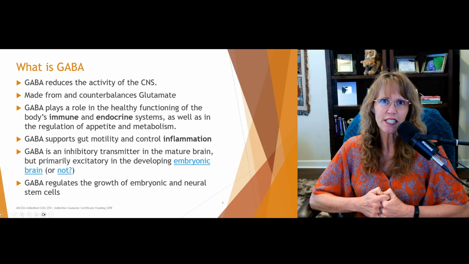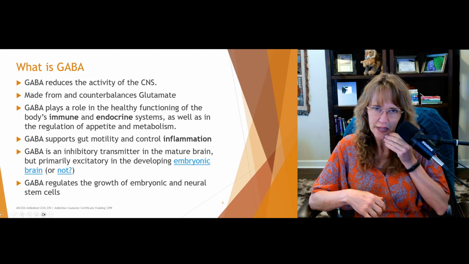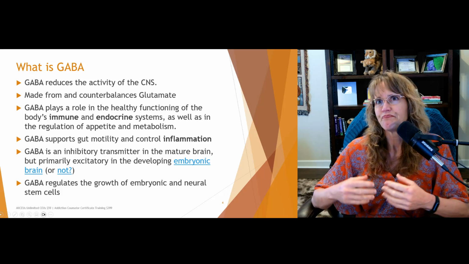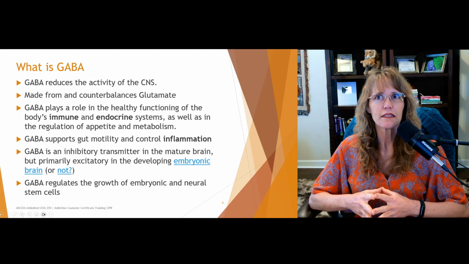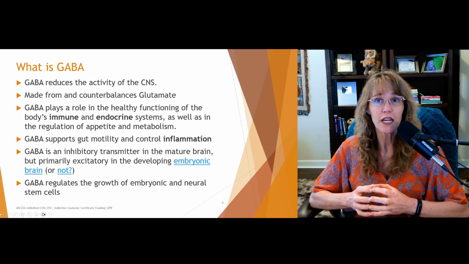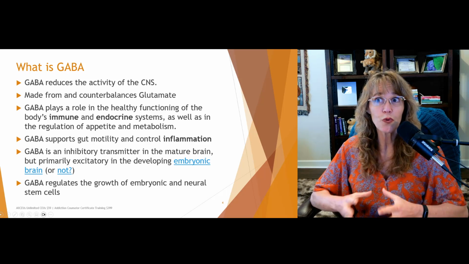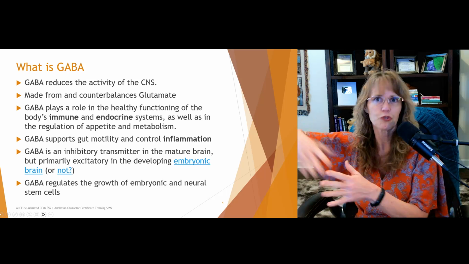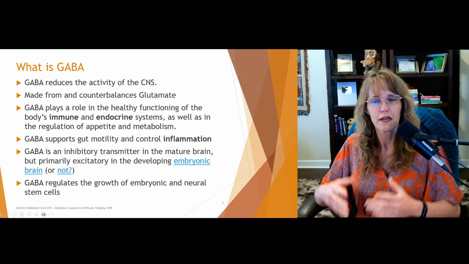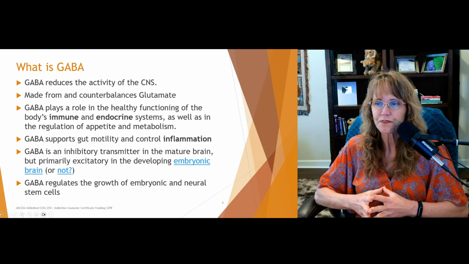But there's been recent research that has dispelled that myth. Either way, GABA is an inhibitory neurotransmitter in your infant through death. Once the child is born, GABA is inhibitory.